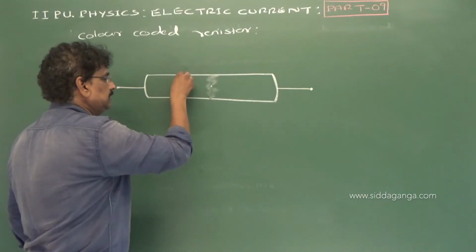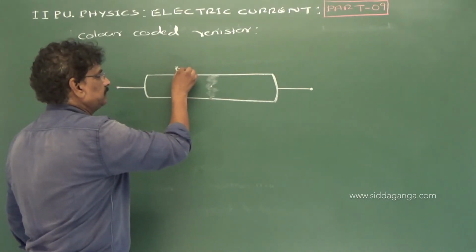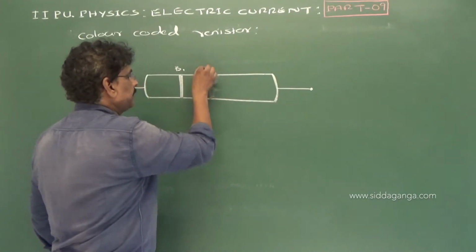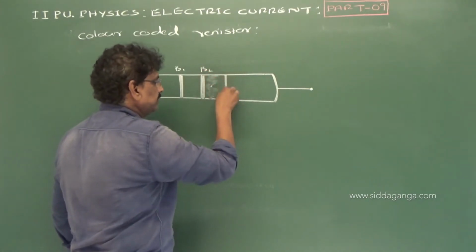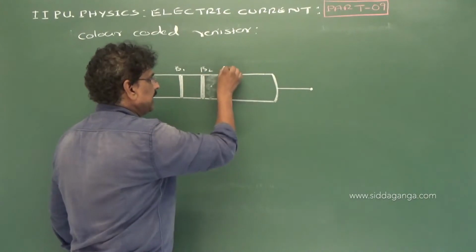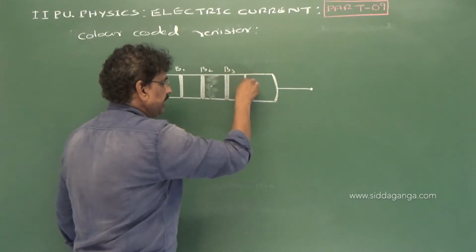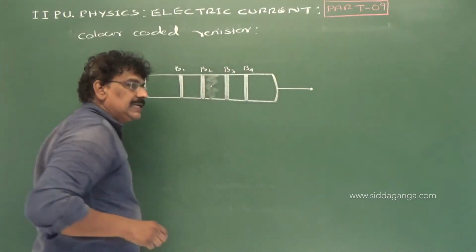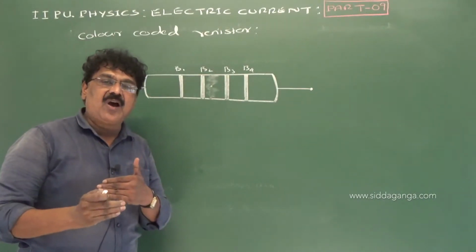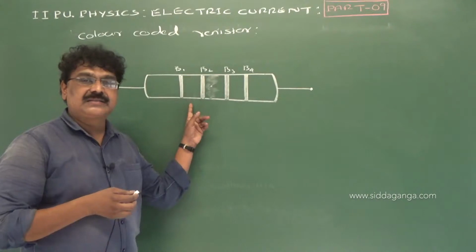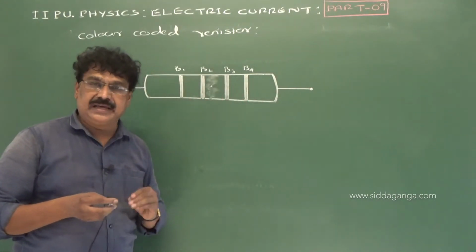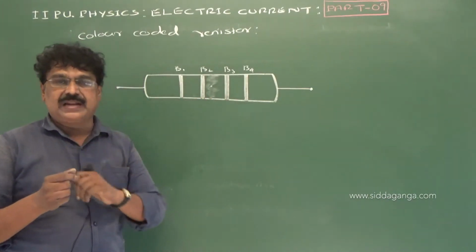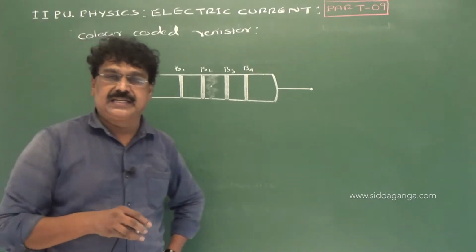Say this is colored band B1, second colored band B2, third colored band B3, and fourth colored band B4. Generally there will be 3 or 4 color bands marked on a color coded resistor. These color coded resistors indicate the resistance value and the tolerance of the resistance value.